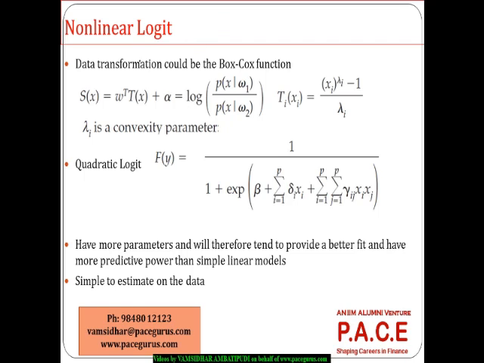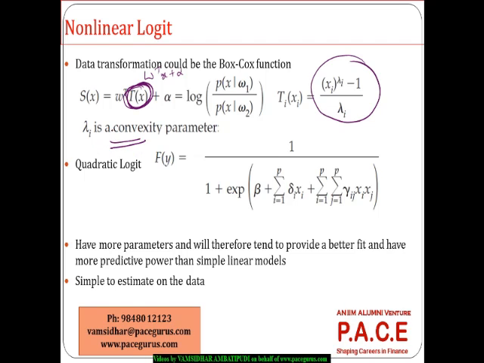Then we can do a slightly different transformation where, instead of using W transpose x plus alpha, we are saying W transpose T of x plus alpha. And T of x is a non-linearity, x to the power lambda minus 1 by lambda, where lambda is a convexity parameter.